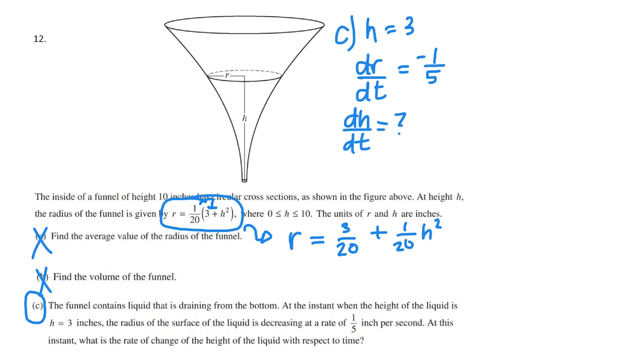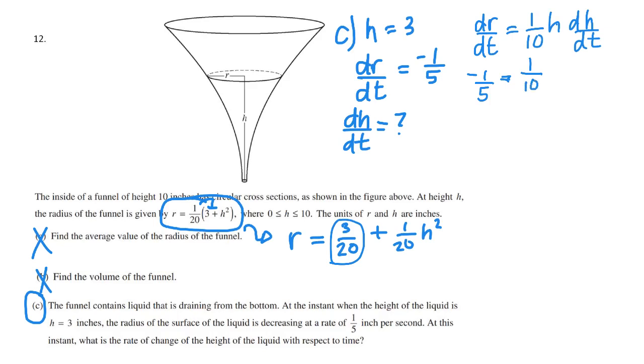Let's see, if I find the derivative of that new r with respect to time, that's going to give me dr/dt equals, well, notice all of this, when I differentiate it, goes to 0. Well, yay. And then 0 plus 2 over 20, or 1/10 h dh/dt. And so now we plug in. We know dr/dt is negative 1/5 equals 1/10 h.